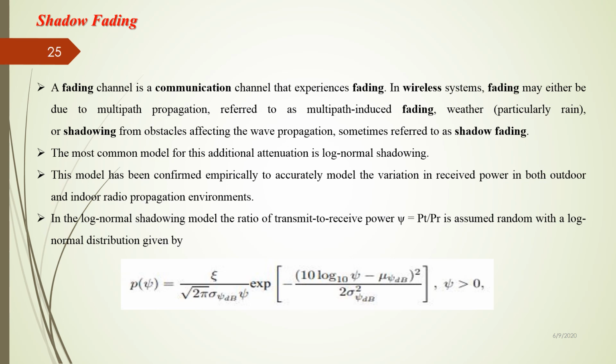The most common model for this additional attenuation is log normal shadowing. The model has been confirmed empirically to accurately model the variation in the received power in both outdoor and indoor propagation environments. In the log normal shadowing model, the ratio of the transmit to receive power, that is Pt by Pr, is assumed random with a log normal distribution that is given by this formula.